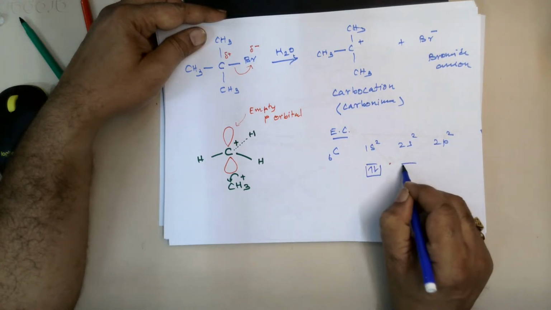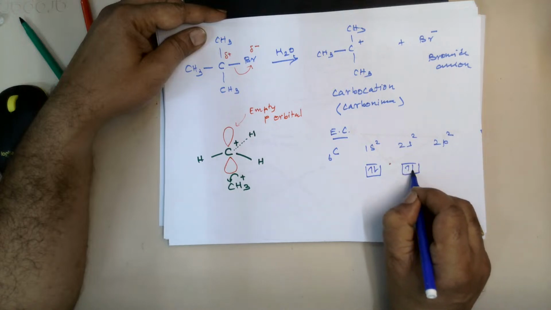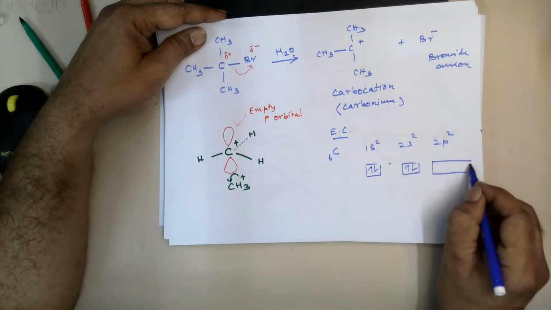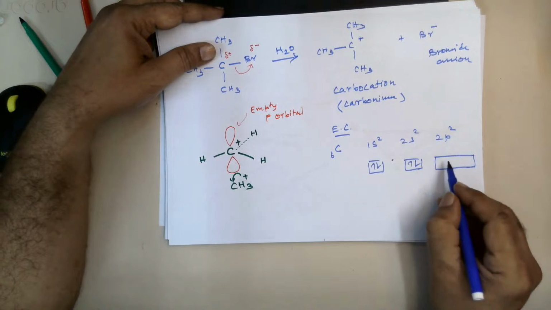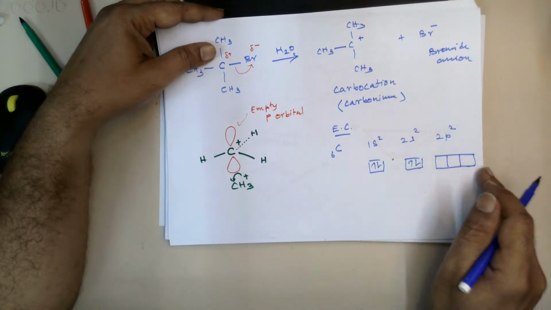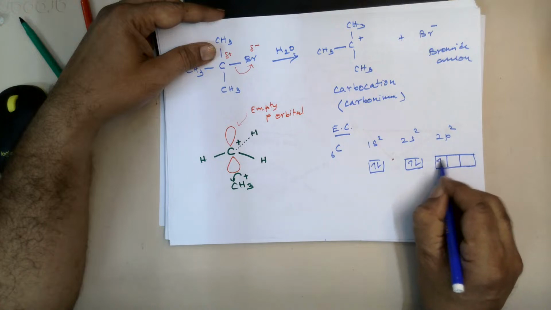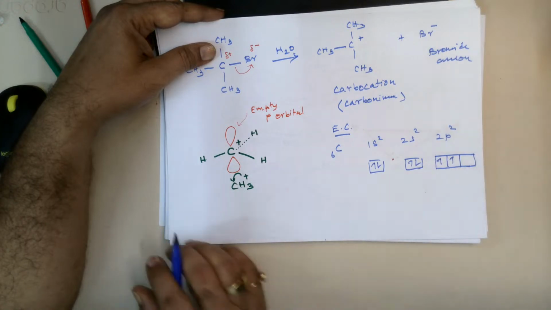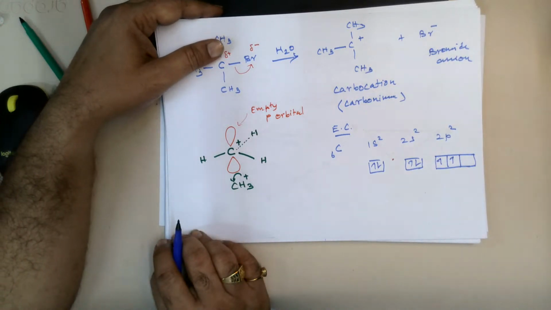1s2 and 2s2, and then the p orbital will have three orbitals, that is px, py, pz. So 1, 2. Do you understand this?